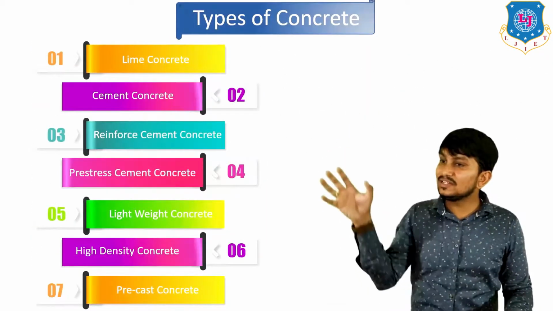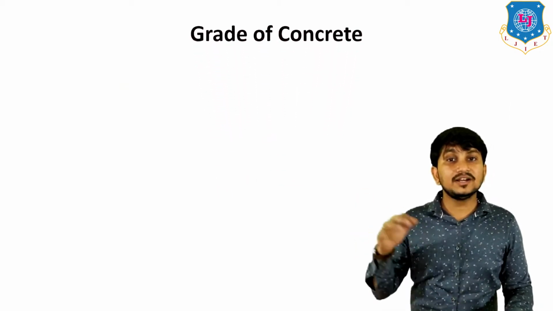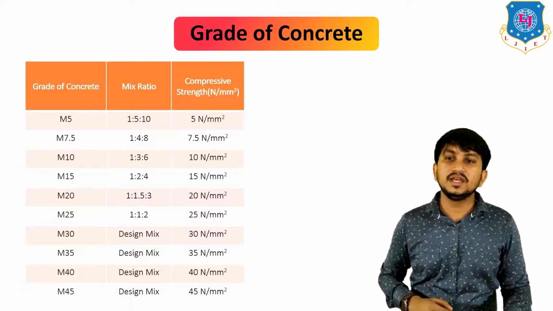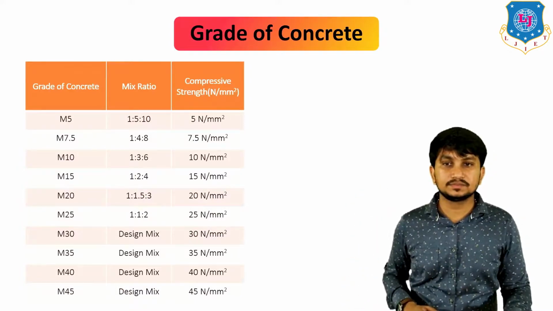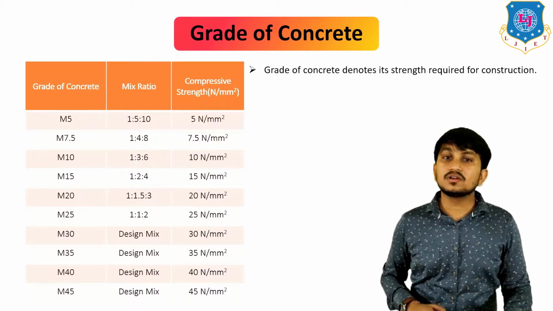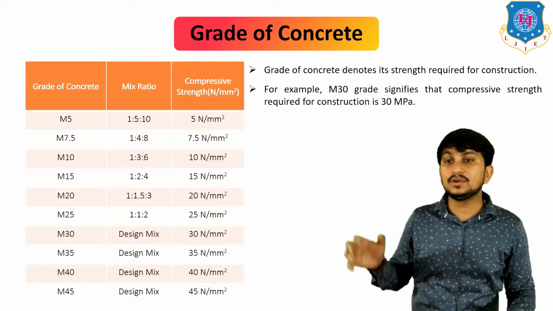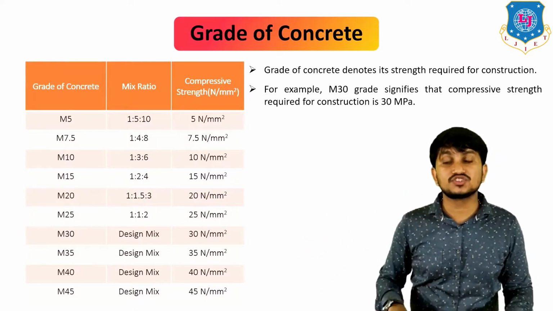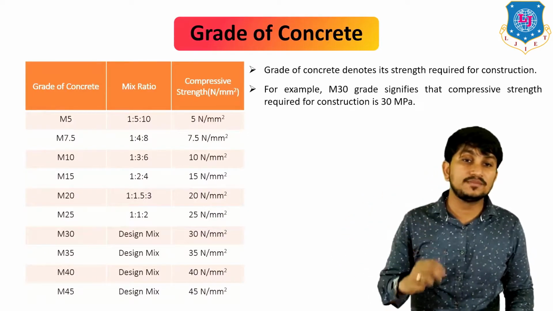These are the 7 types of concrete. Now let's discuss the grade of concrete. These are the various grades of concrete. Here M5 to M45 grades are given. The grade of concrete denotes the strength required for construction. For example, M30 grade signifies that the compressive strength required for construction is 30 megapascal or 30 Newton per mm square.